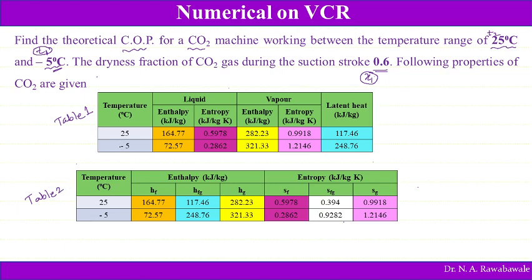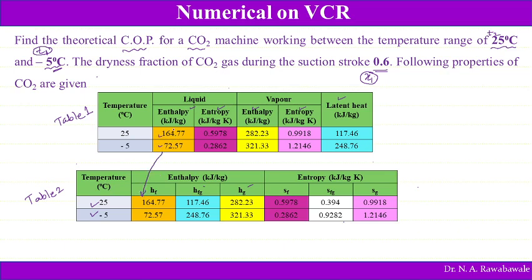The lower temperature is -5 degrees Celsius and the higher temperature is 25 degrees Celsius, taken as it is. Here some things are mixed: enthalpy and entropy are mixed, and latent heat is given separately. The standard method we follow is HF, the enthalpy of liquid, then the latent heat of vaporization, then the enthalpy of dry saturated vapor. With the color coding you can see 164 and 72, this data is taken as it is.